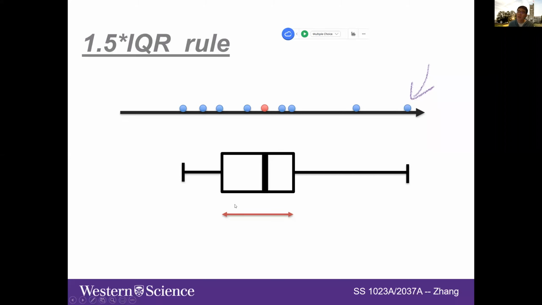As I mentioned before, the length of the body of this box plot represents the IQR. For the 1.5 IQR rule, the first step is to multiply this IQR by 1.5, so we basically prolong this length by 1.5 times. Then we attach this distance above Q3 and below Q1.